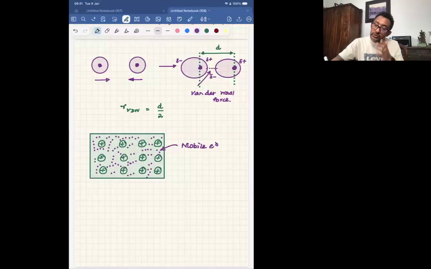Now what you do is you look at the half the internuclear distance. For this ion, you take the measurement here and then take half the value. That is called the metallic radius.